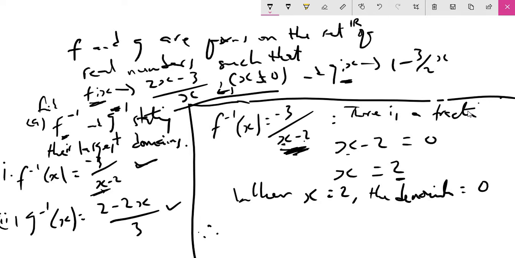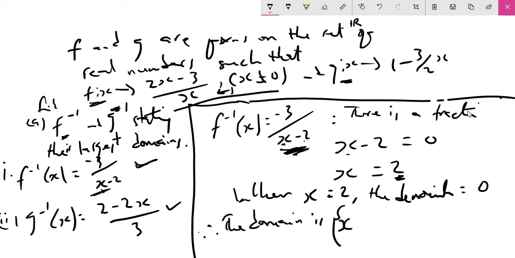So therefore, the domain is the set of all real numbers, because apart from 2, x can be any other value. If x is 3, the denominator becomes 1 and you can have 3 minus 1. If x is minus 1, the denominator becomes minus 3. Then you can have 1, and so on and so forth.